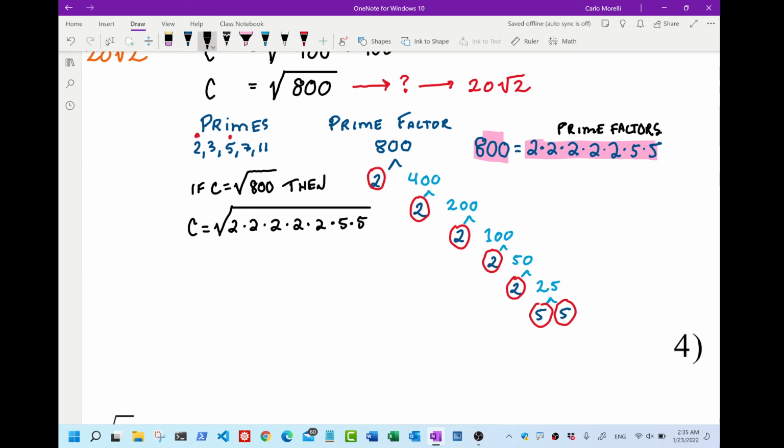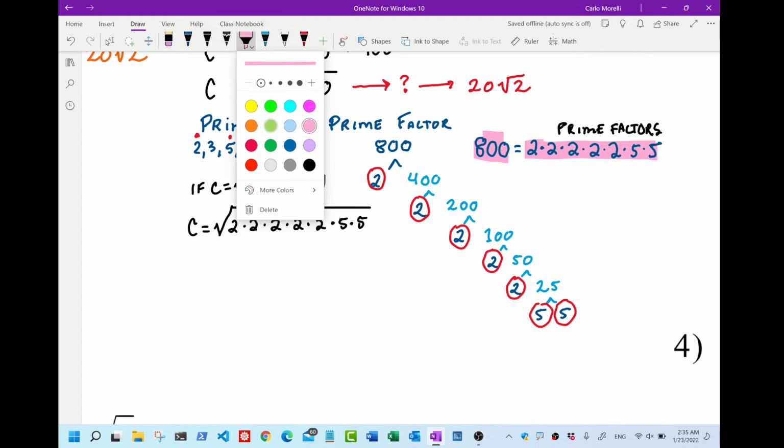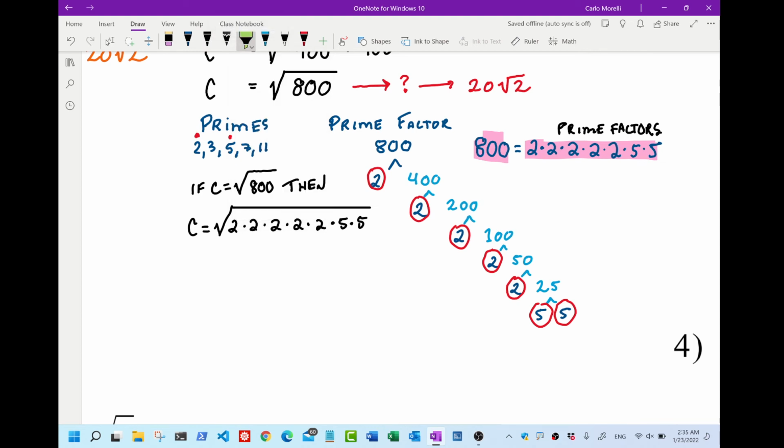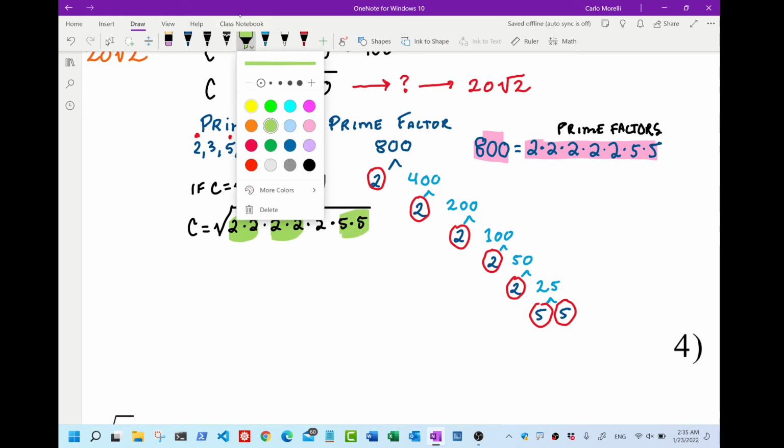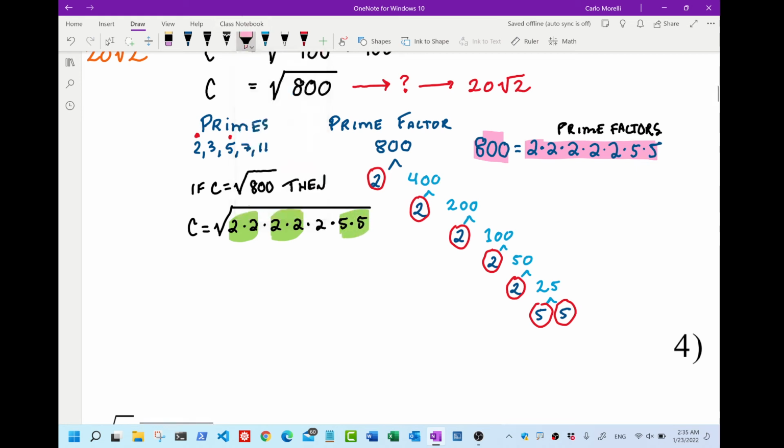Okay. Now, here's a cool trick. All right, so let's highlight pairs of 2's. And here's one pair of 2's, 2 pairs of 2's, and then that 2's all by himself. And then we've got one pair of 5's. And so the only thing left over inside that doesn't have a pair is that one solitary 2.